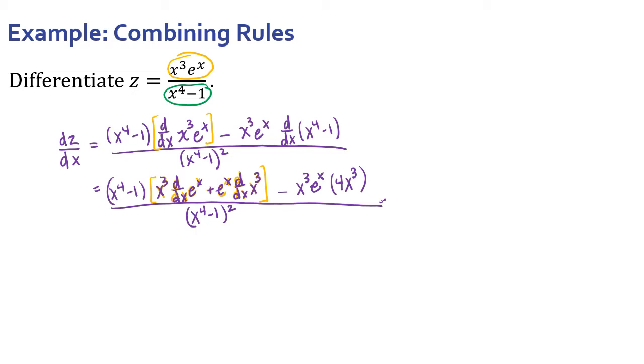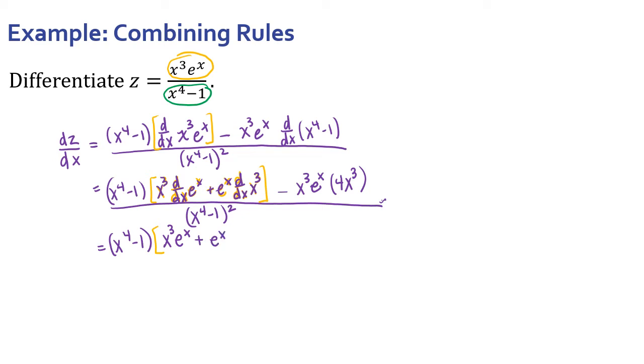Okay, so then that's going to become x to the 4th minus 1, and that entire quantity, so don't forget your parentheses, so that's getting multiplied by x cubed. The derivative of e to the x is e to the x, plus e to the x.